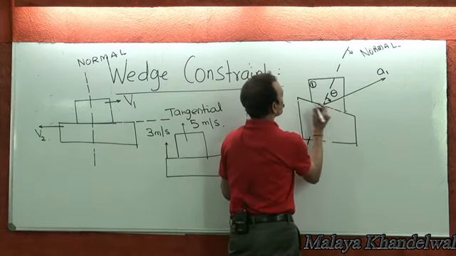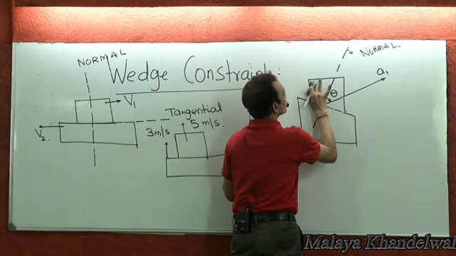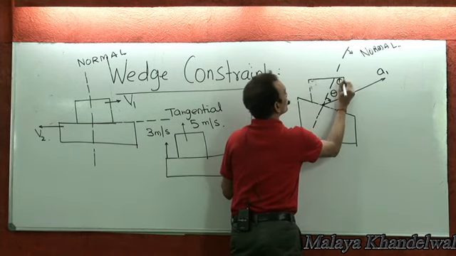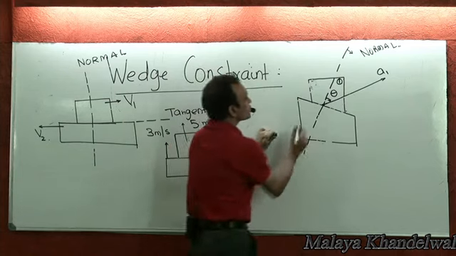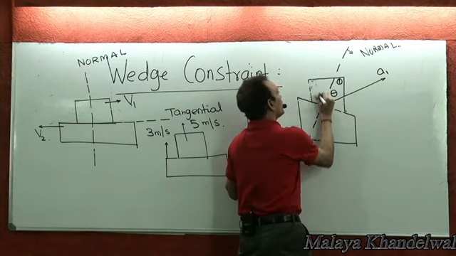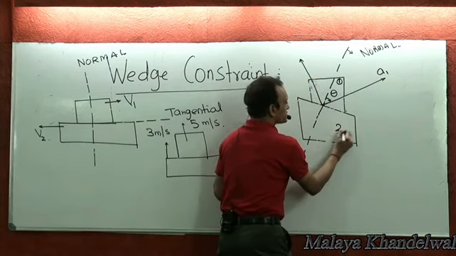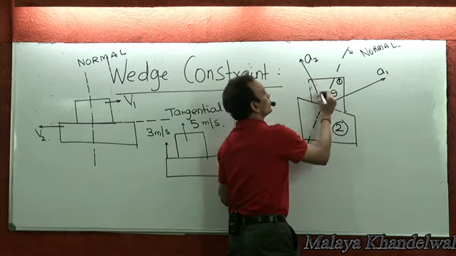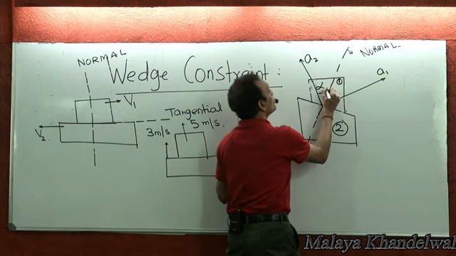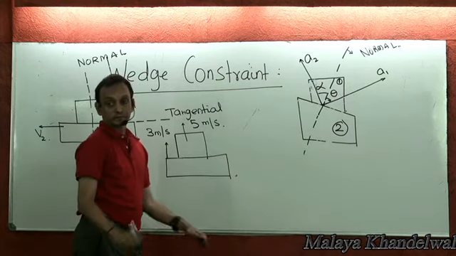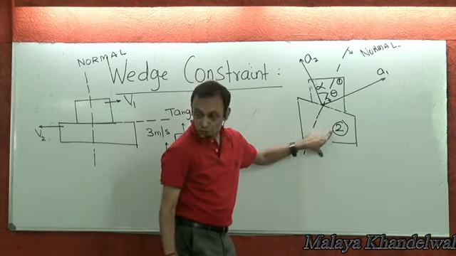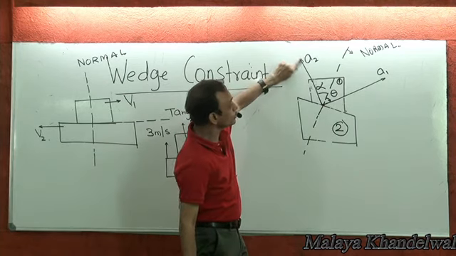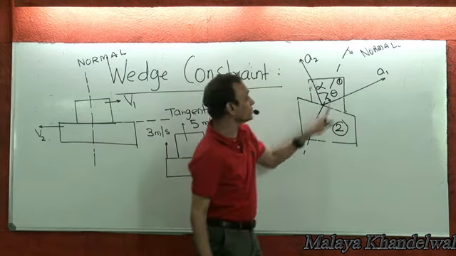Whereas this surface, surface 2, that means this body 2, had an acceleration a2, making an angle alpha with the common normal direction.